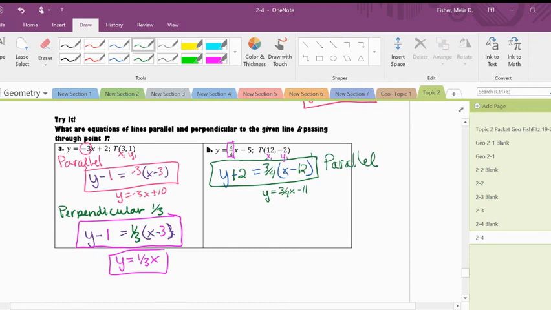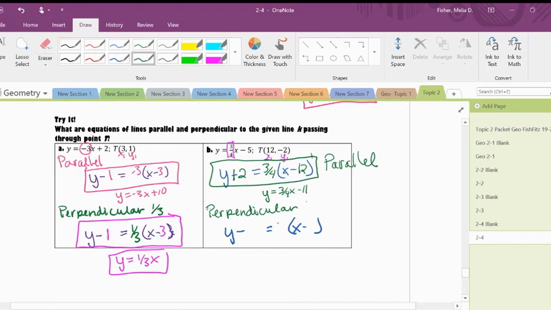And for perpendicular, you would have written out your equation. Y minus and x minus. And our slope would be an opposite reciprocal.